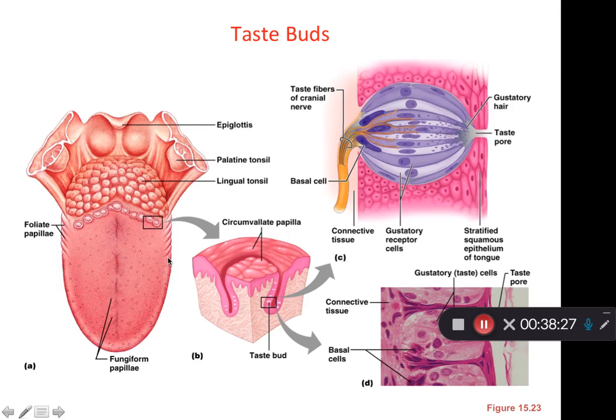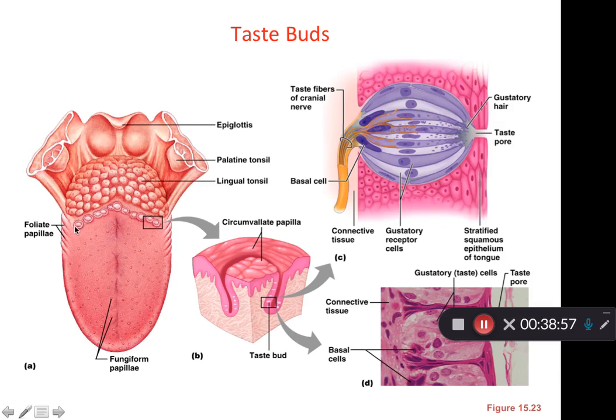This part contains tons of small taste buds. We can see this is the swirly structure. These tiny taste buds are referred to as fungiform papillae.